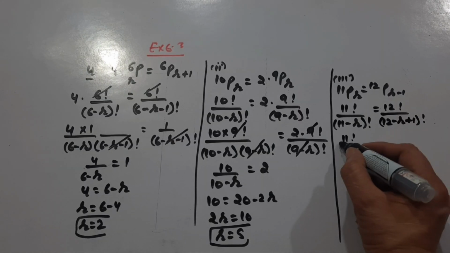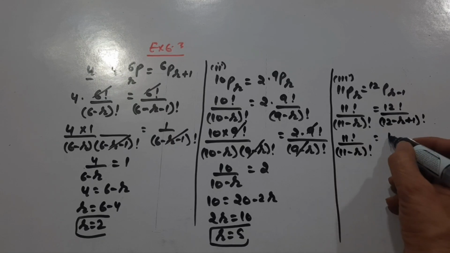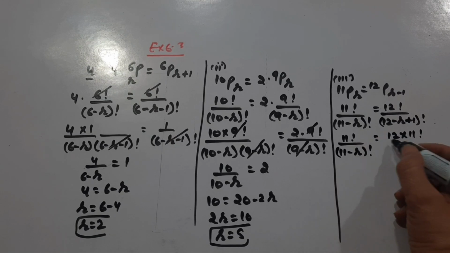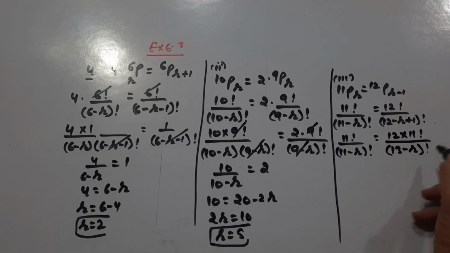That is 11 factorial upon 11 minus r factorial equal to 12 into 11 factorial upon 13 minus r factorial.